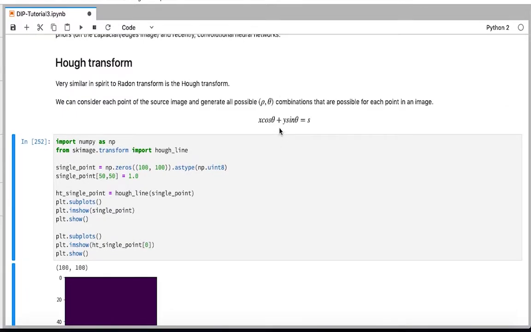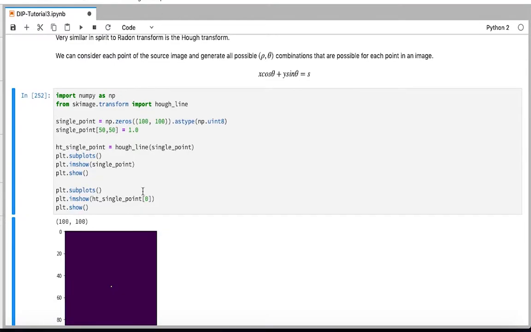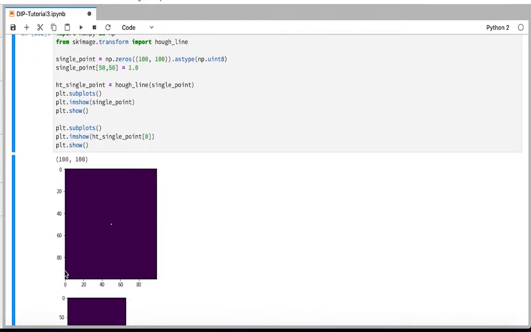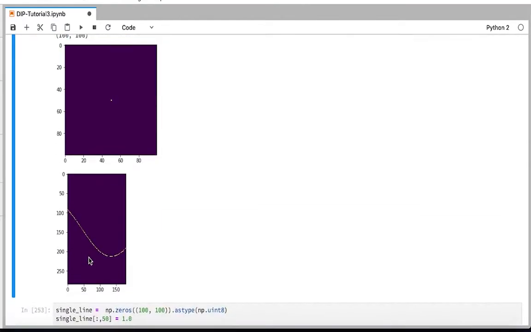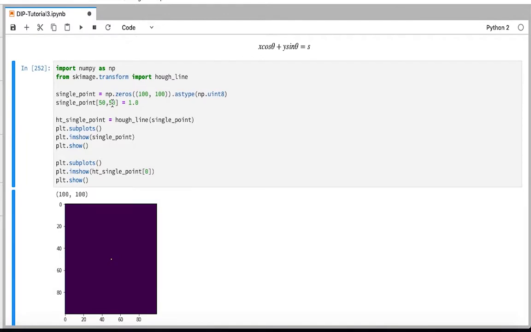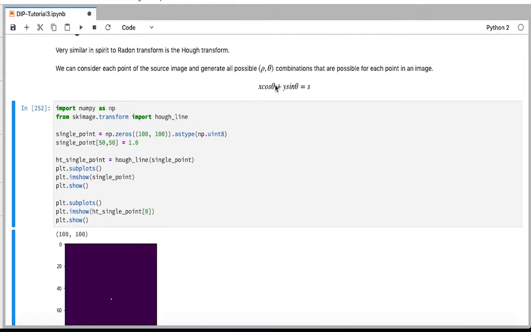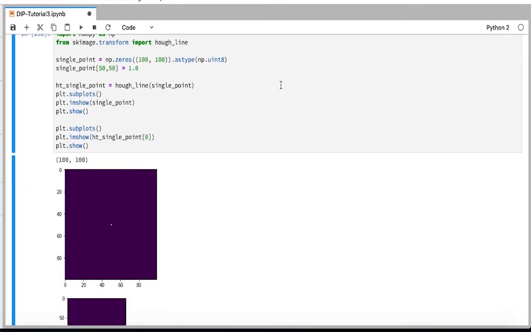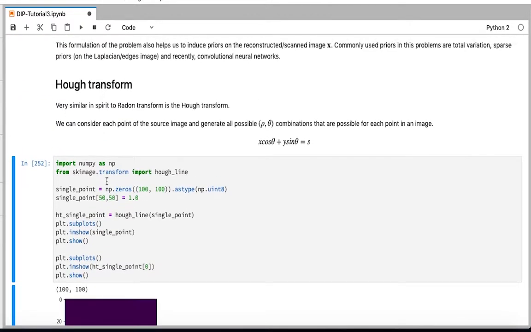If you have a line like this, with theta equal to 0 and s equal to some value, and you want such a line to pass through this point, you have to put certain values of theta and s, and as you vary theta, your s also varies. That's what we're going to see here, and how it can be used as a standard, common computer vision tool.